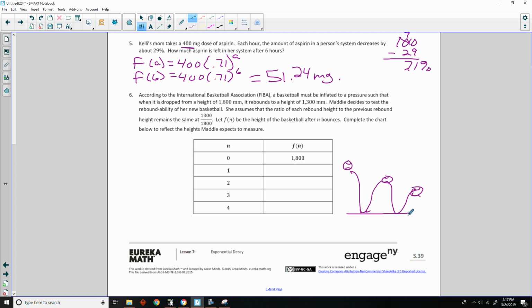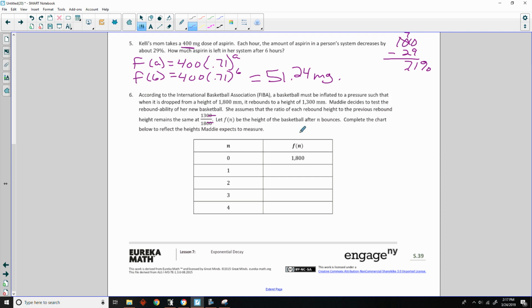The height is decaying until the ball starts to just sit on the floor and not bounce anymore. So the height of the bounce is getting less each bounce. So it is 1,300 over 1,800, or simply 13/18.